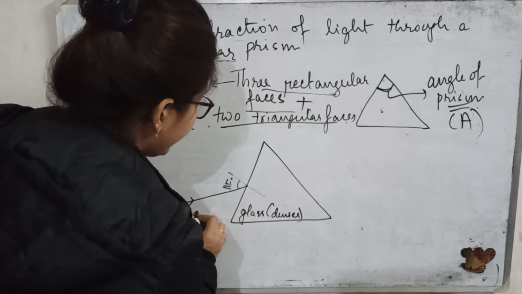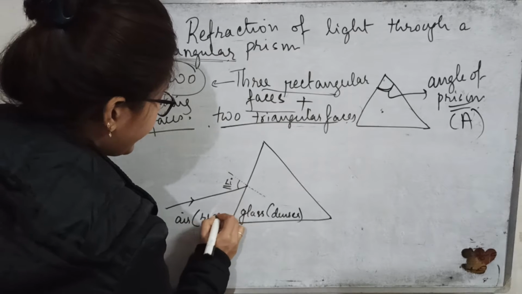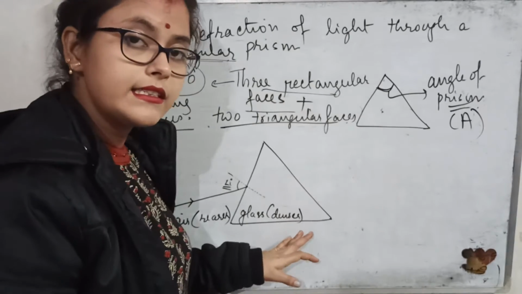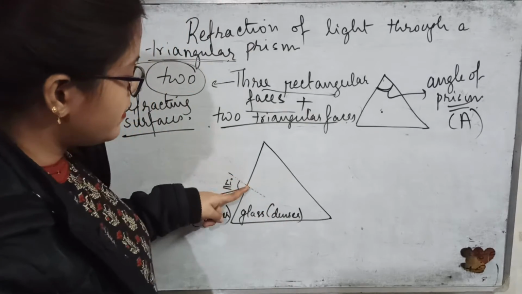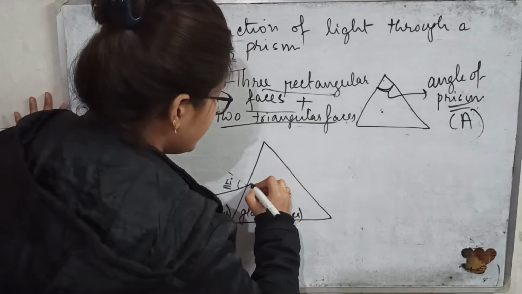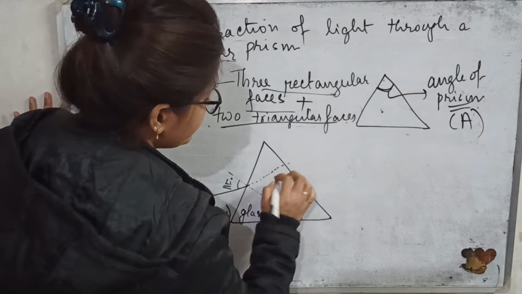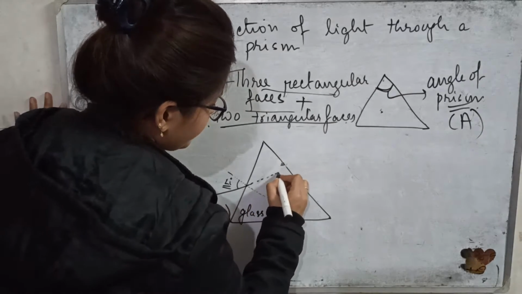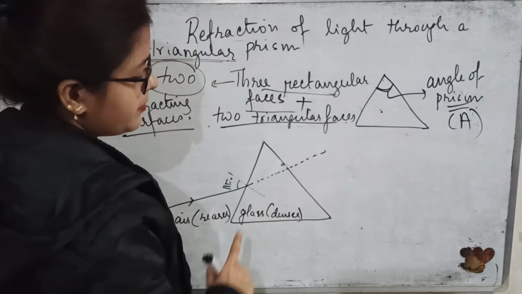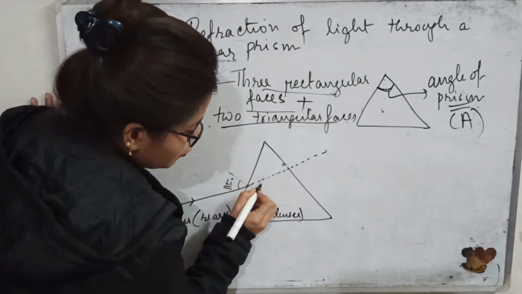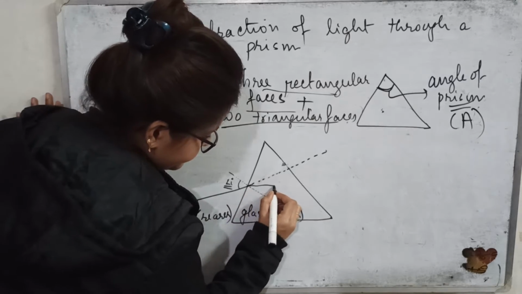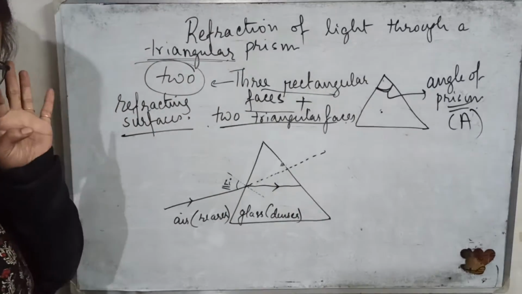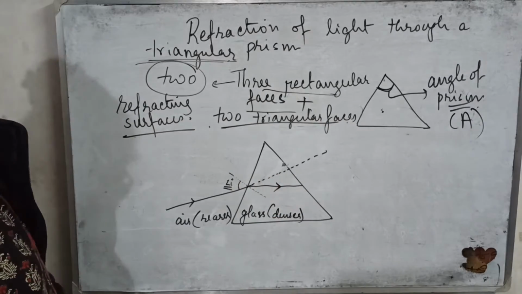Then we know that when light travels from an optically rarer to an optically denser medium, it will not follow its original path, rather it will bend towards the normal. Right?